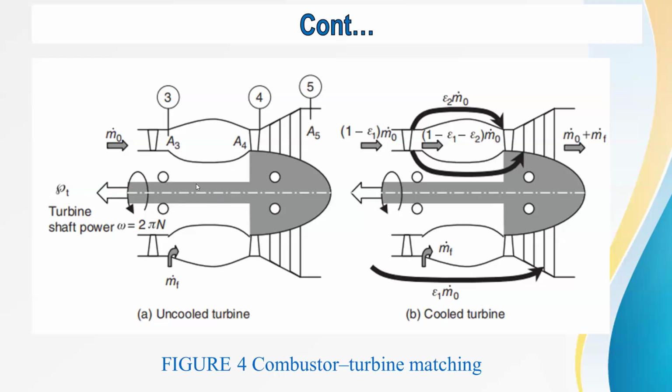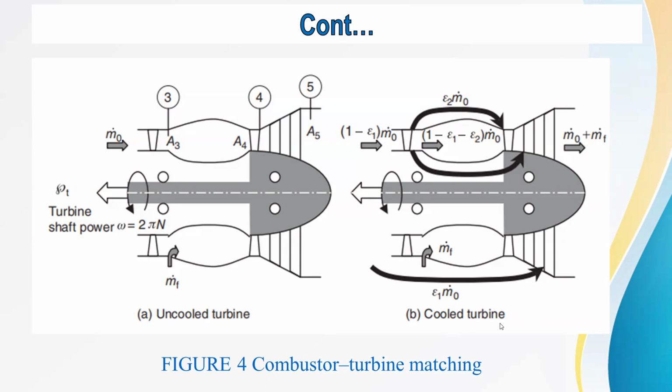The shaft rotates at some RPM, and the turbine shaft omega is equal to 2 pi n, the angular velocity of the turbine. We have mass of air entering the combustion chamber, mass of fuel injected into the combustion chamber, and A4 is the exit area for the combustor, but for the turbine it is the inlet area. Once it enters the turbine, it goes to A5. So this is the total turbine area.